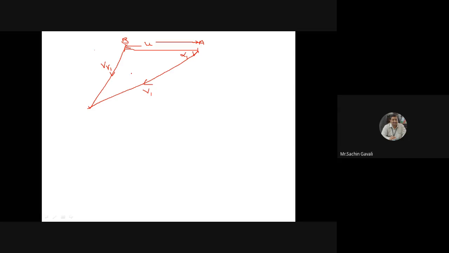Now remember that U and V1 are in this direction, right to left, the negative direction, and here this is V1's horizontal component.